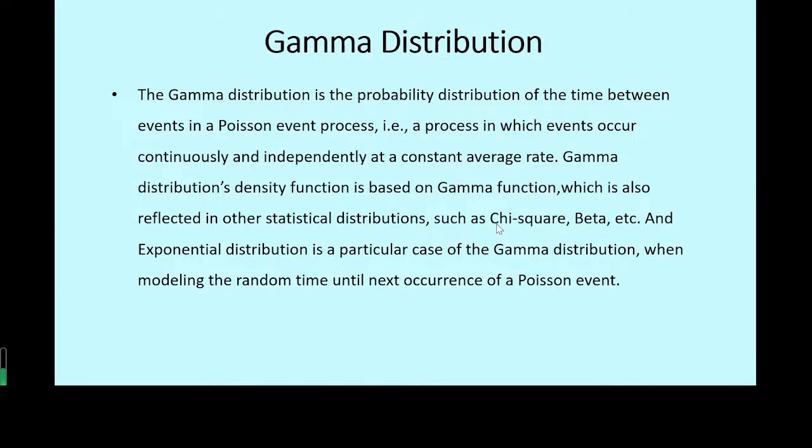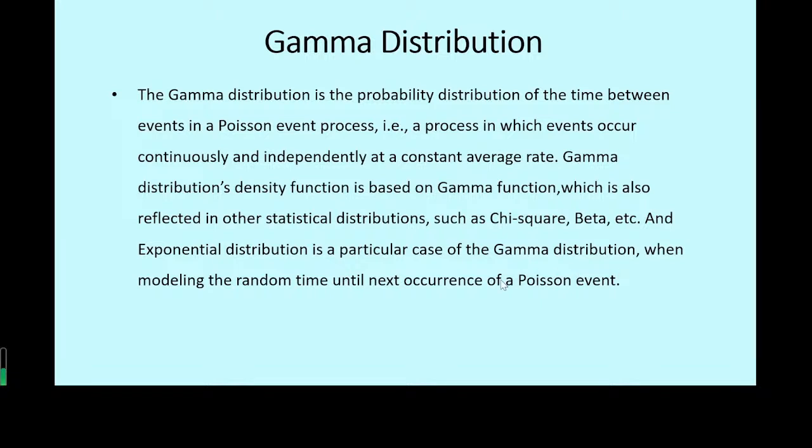So gamma distribution is a general case of many other distributions, like chi-square and exponential. Exponential distribution is also a particular case of the gamma distribution.